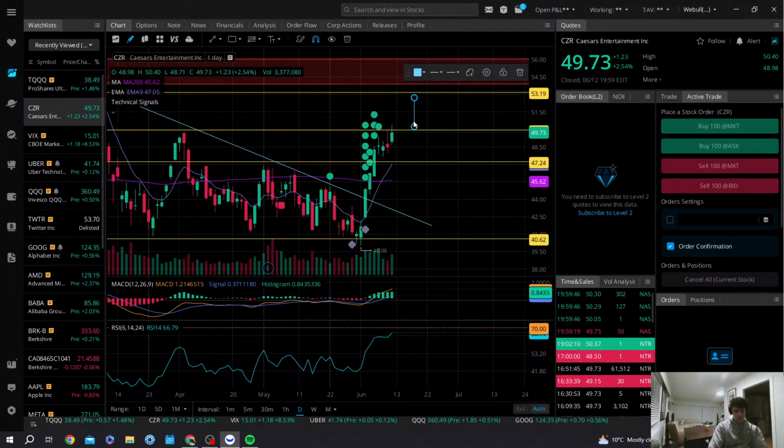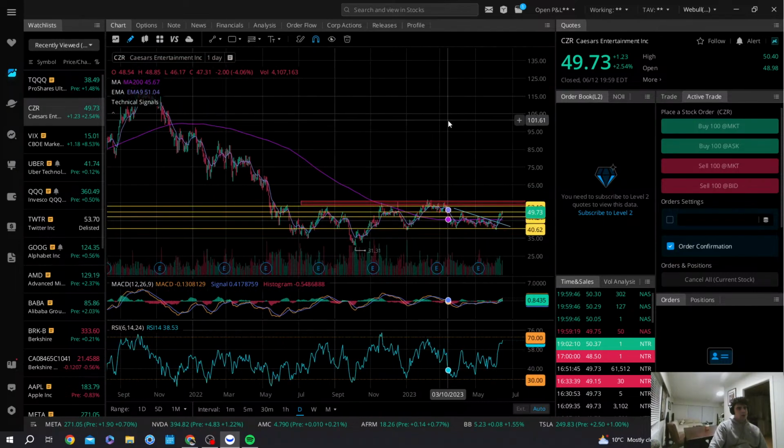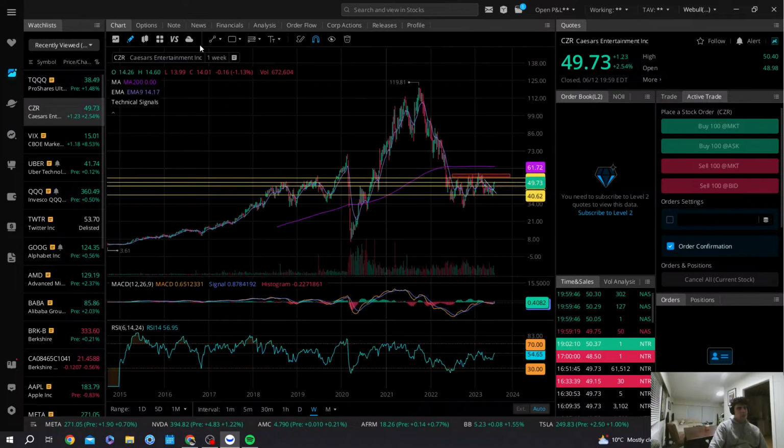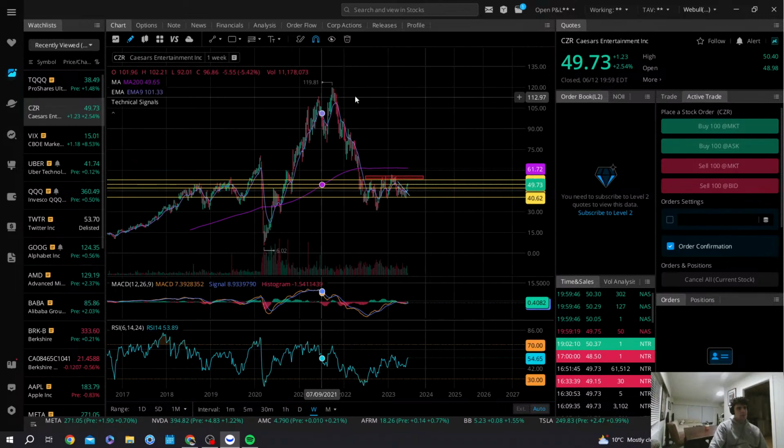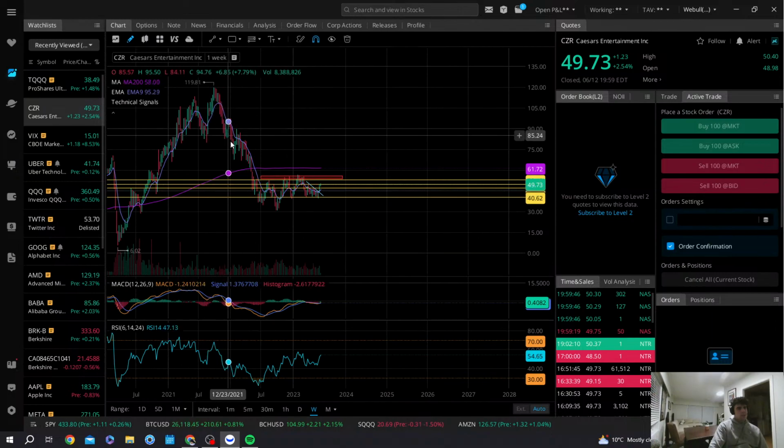Personally, I was looking at maybe a long-term option call because the upside that it offers is just ridiculous. Obviously you can see here, massive sell-off from 119.